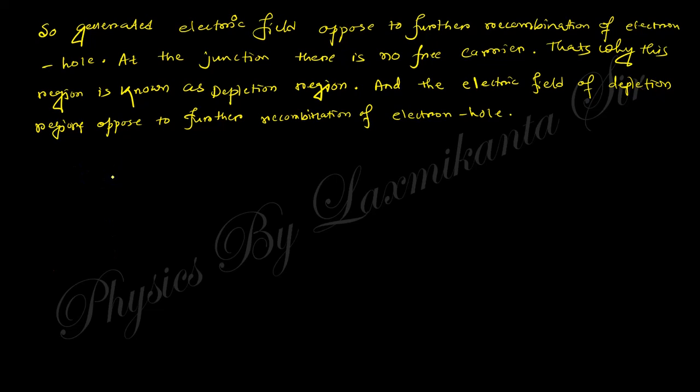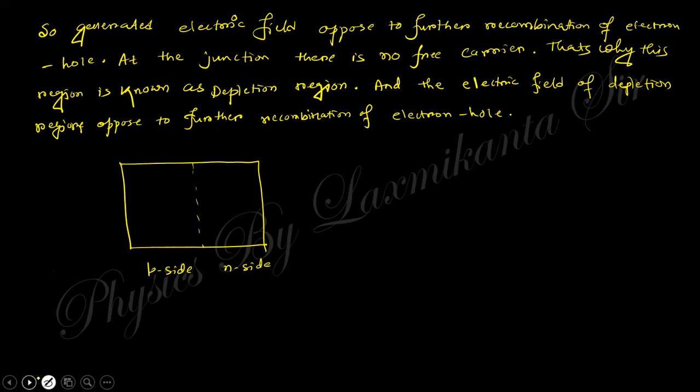So finally this junction will be formed here like that. This is the p side, this is the n side. In the p side there are holes, and in the n side there are electrons.